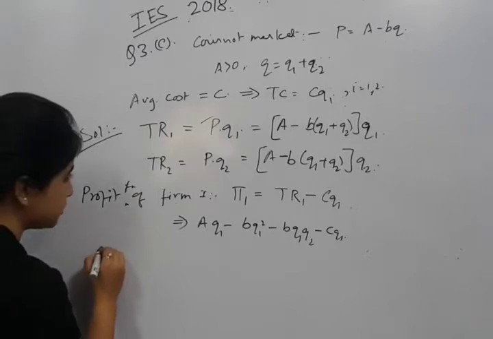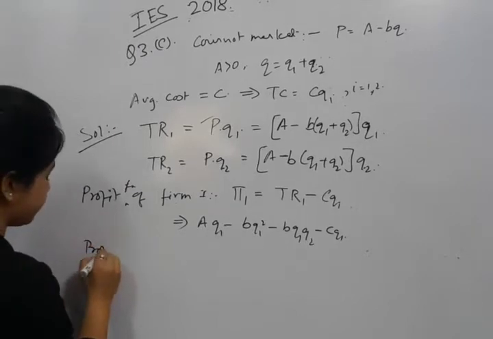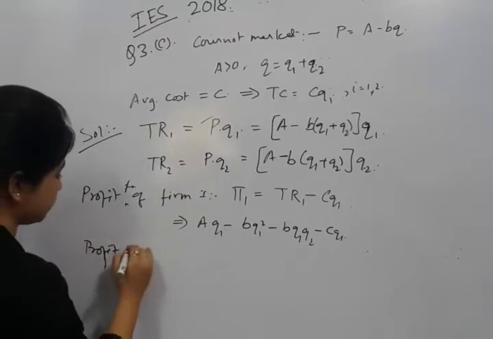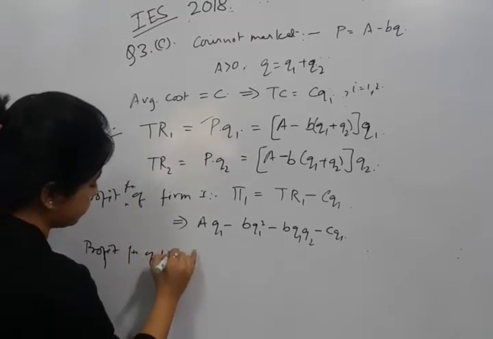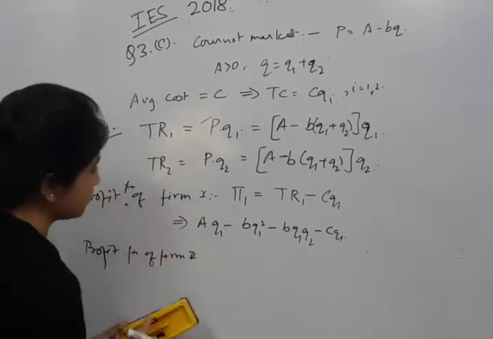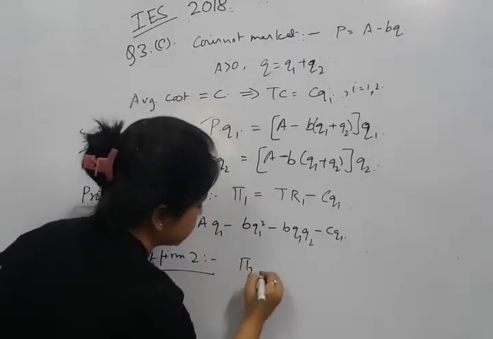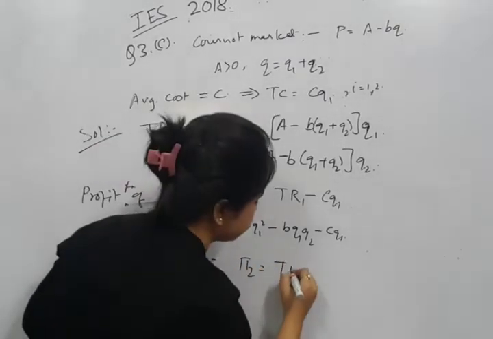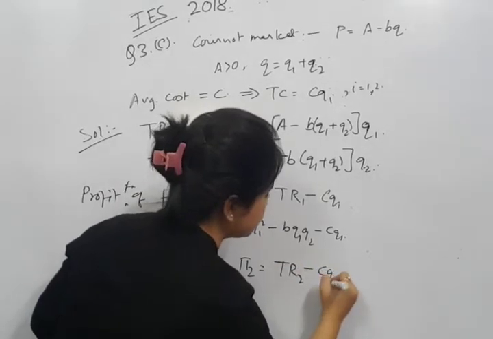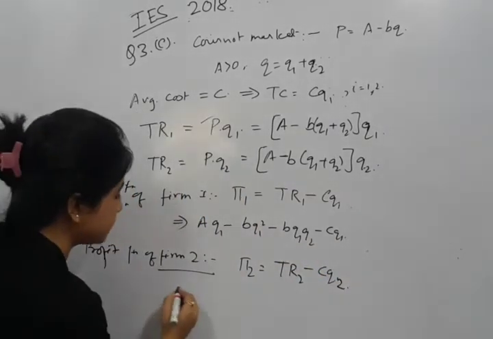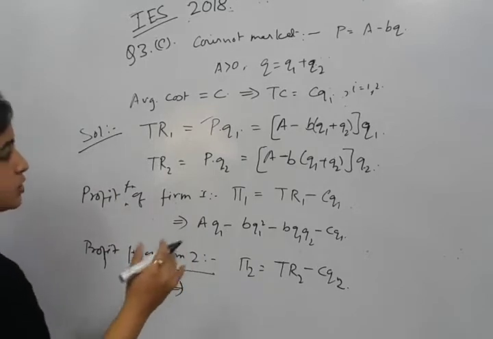Now let's find the profit function for firm 2 as well. That is pi 2, and here we have total revenue of firm 2 minus the cost function.